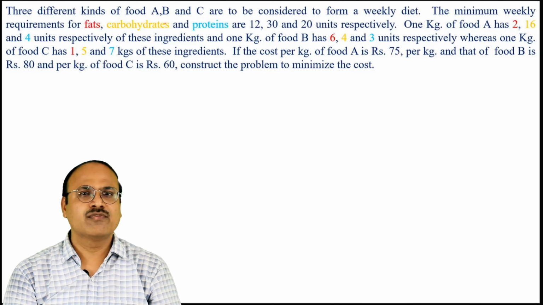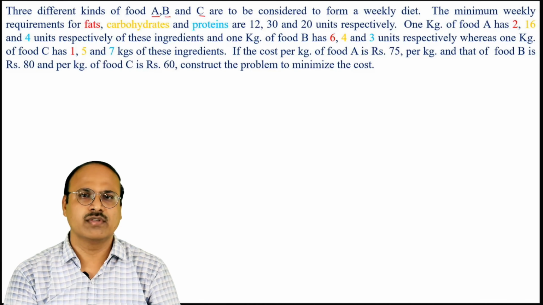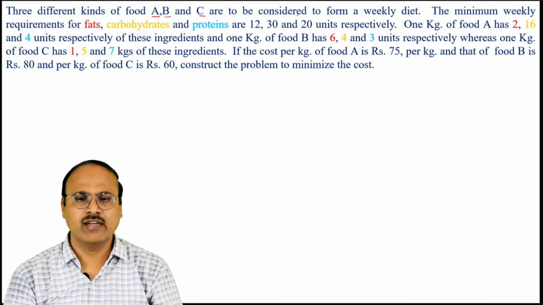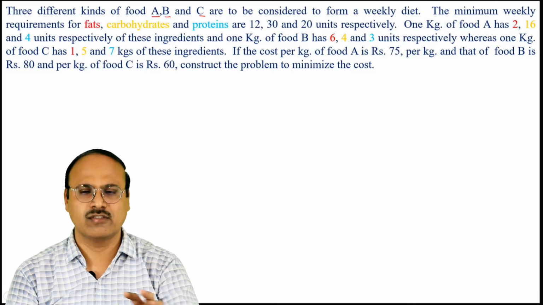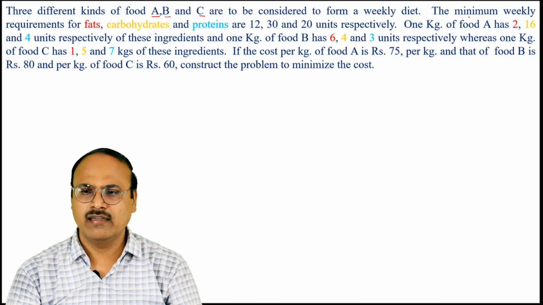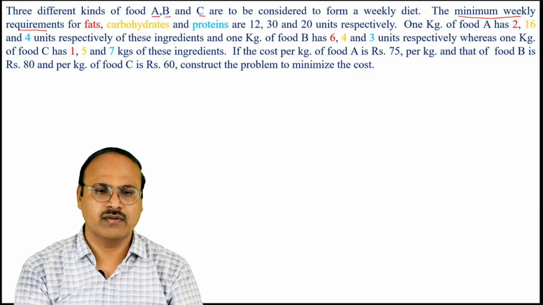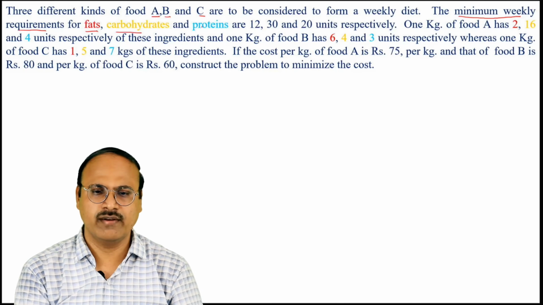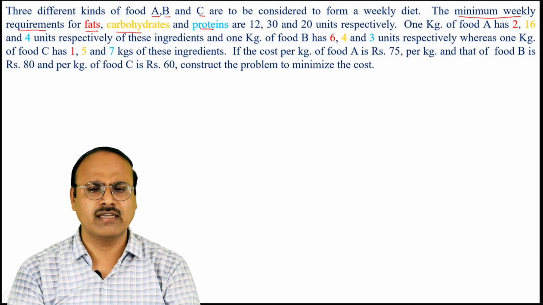3 different kinds of food, A, B and C. So there are 3 different types of foods here, A, B and C, and they are to be considered to form a weekly diet. So there's a dietitian who has given this task to the person, and there is a minimum weekly requirement of 3 components: fats, carbohydrates, proteins. And what is the minimum requirement in the diet?